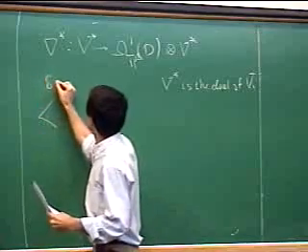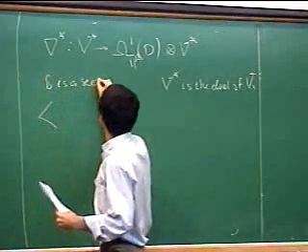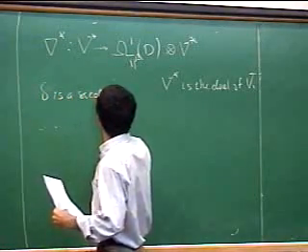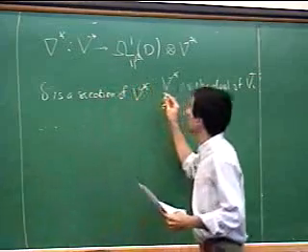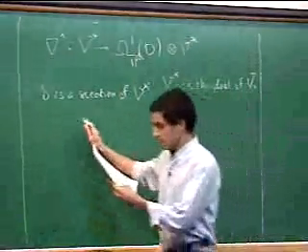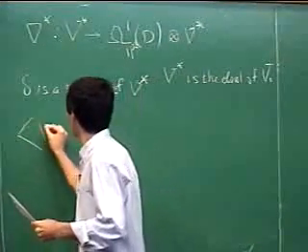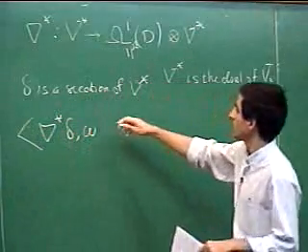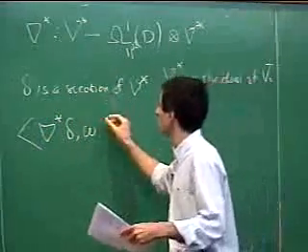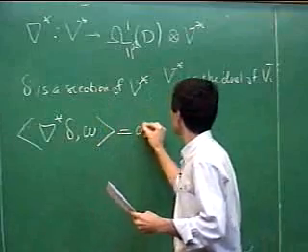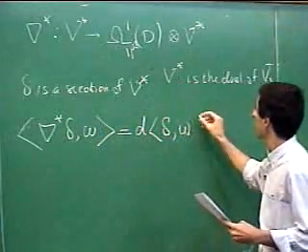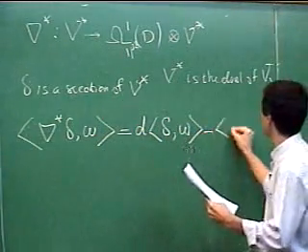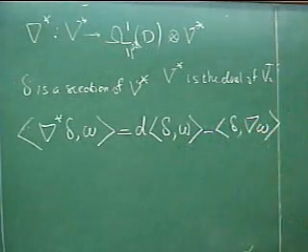If delta is a section of V star in some open set, then nabla star delta acting on omega, where omega is a section of V in the same open set, will be defined in this way: the differential of delta omega minus this one.